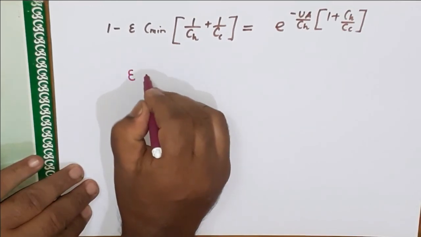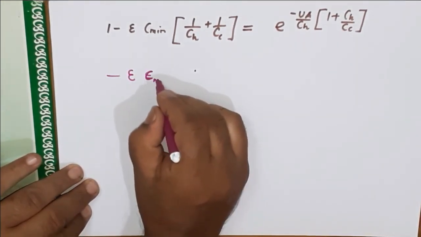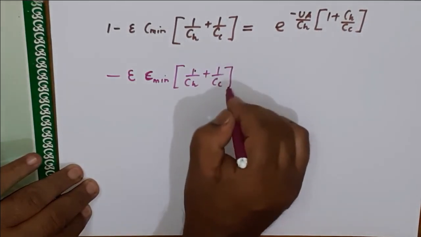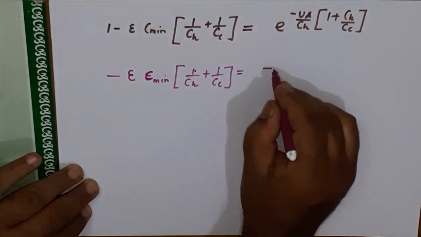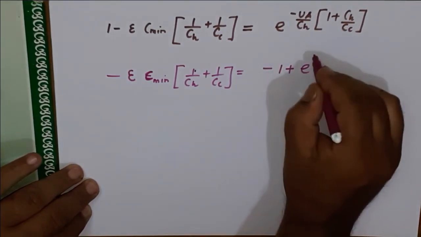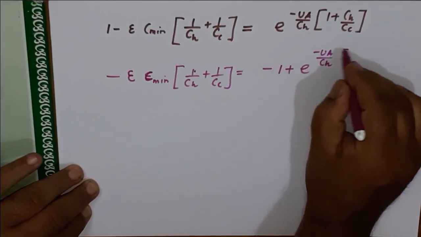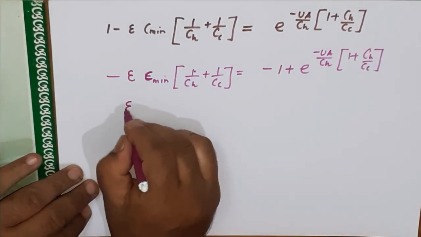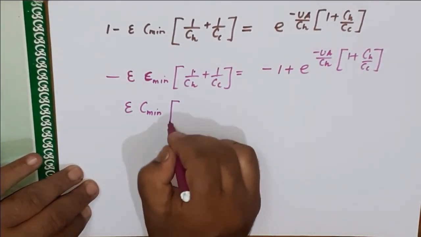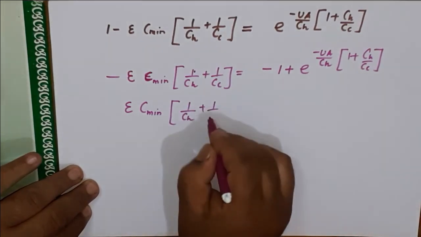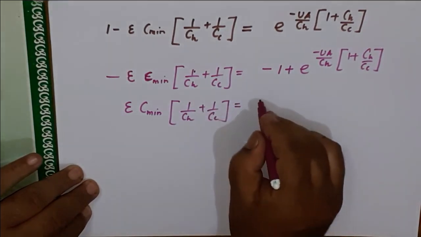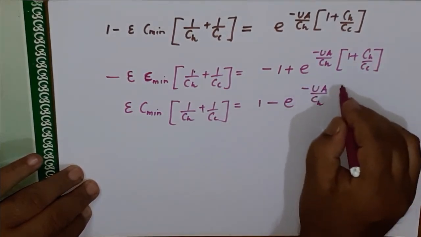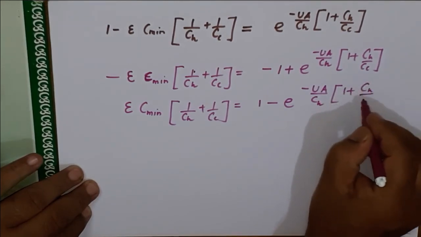So effectiveness into C minimum into 1 by CH plus 1 by CC is equal to 1 minus E power minus UA by CH into 1 plus CH by CC.